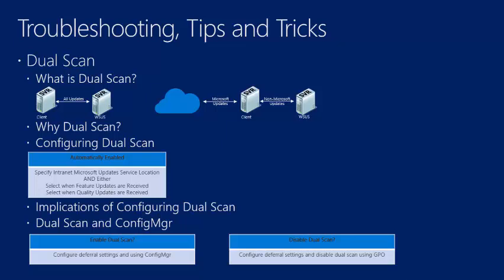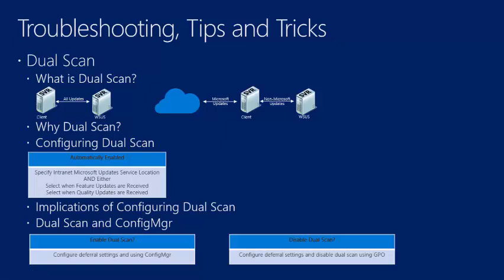And that's what got people into trouble. Administrators, rightly so, wanted to be able to say, I want to control when feature updates are received, so they started making those configurations in GPO. They also had the first setting enabled, and magically we now have dual scan turned on, and ConfigMgr updates are broken, right? So that's how we got into it. It caused quite a stir whenever that first happened.